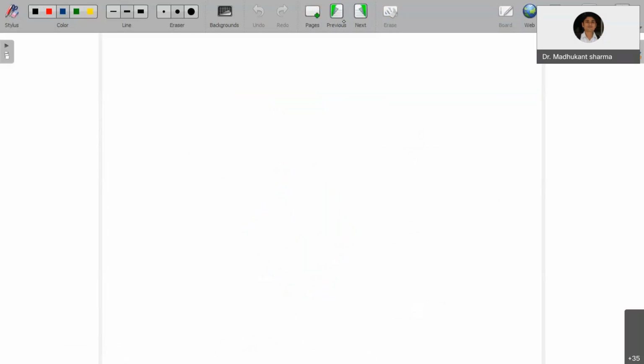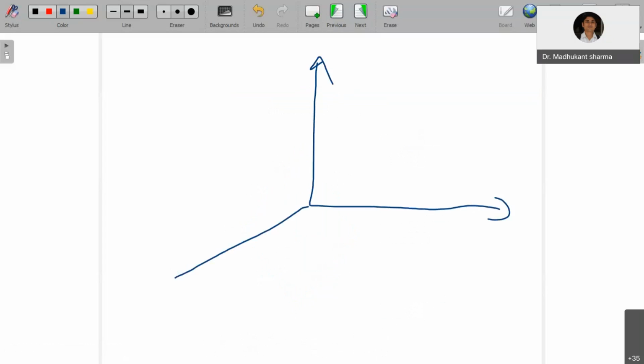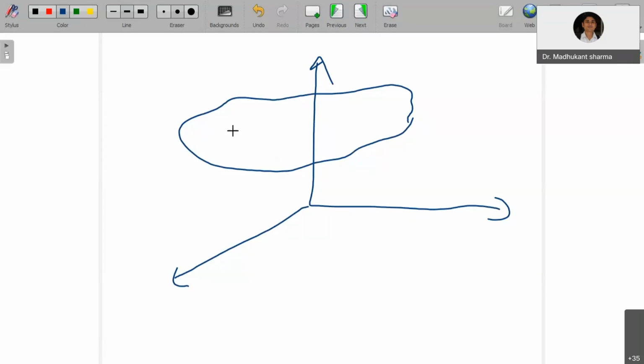Suppose you want to look at the temperature over a globe in space. So you have in the space some rectangular plate, and you want to see the temperature along that plate. So this is x, y, and z.